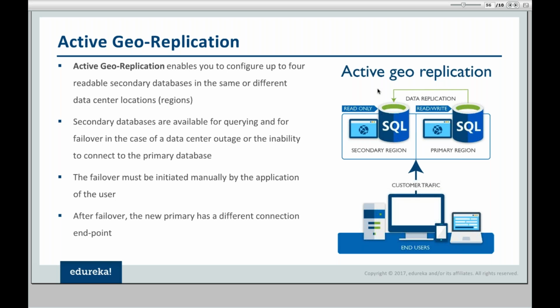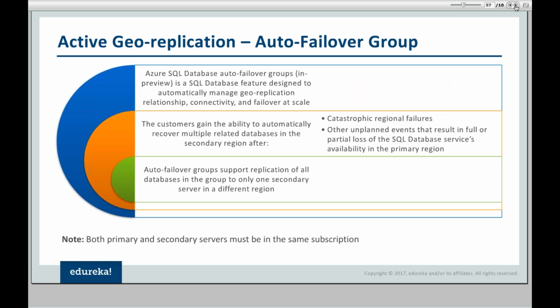Or even for the distribution of the traffic, when it gets more workloads, it distributes the traffic between the primary and the secondary region, and the secondary region can perform only read only, whereas the primary can perform both read and write. This can be done in a matter of seconds.